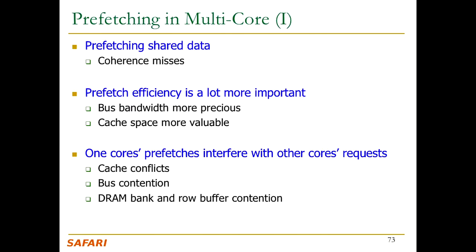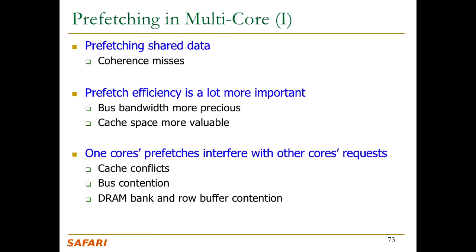People are trying to prefetch shared data by predicting which processor is going to access the shared data, but that turns out to be not so easy to do. That's why, as I said, a good way of designing systems may be keeping the shared data in one place and shipping the private data to that place, as well as the functions that operate on shared data. You remember that in the heterogeneous multi-core discussion. But people still try to prefetch shared data somehow.